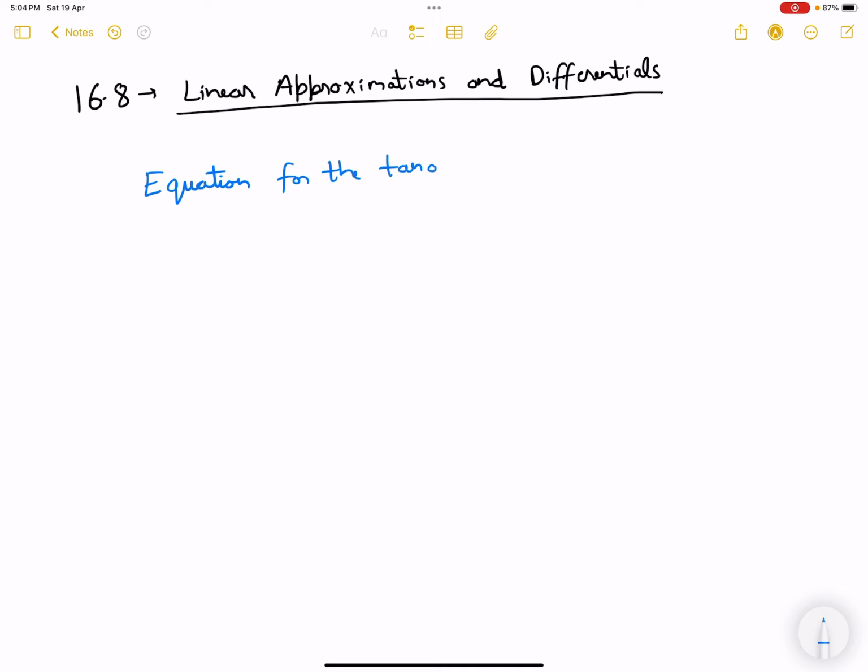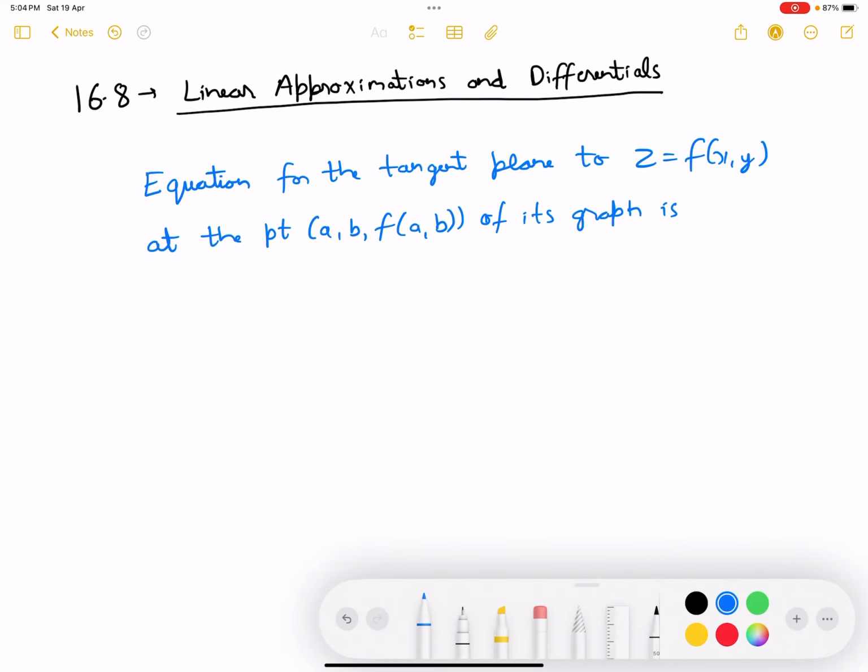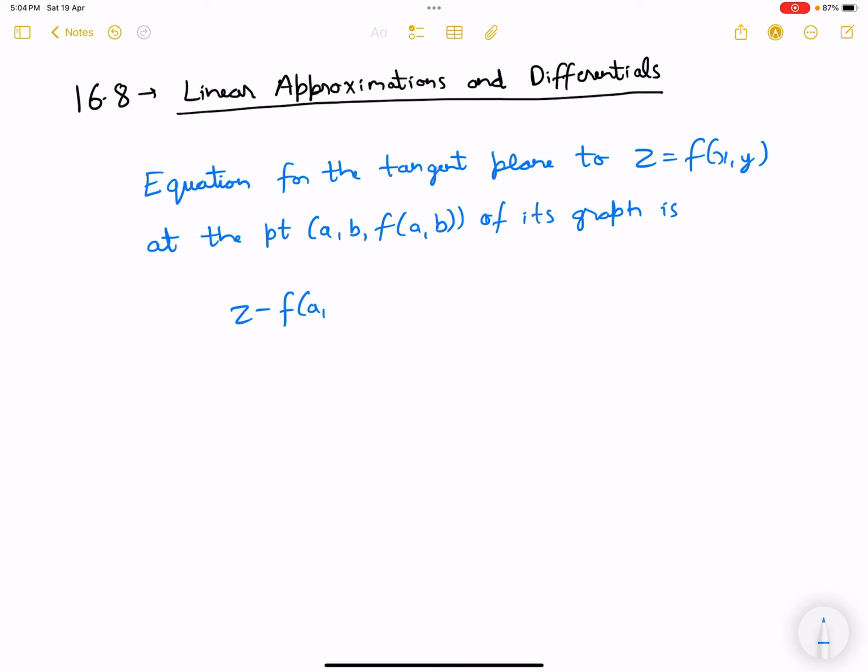We studied this in first semester as well, and we have studied this in this course also. The tangent plane to z equals f(x,y) at the point (a, b, f(a,b)) of its graph is z minus f(a,b) equals f1'(a,b)(x minus a) plus f2'(a,b)(y minus b).